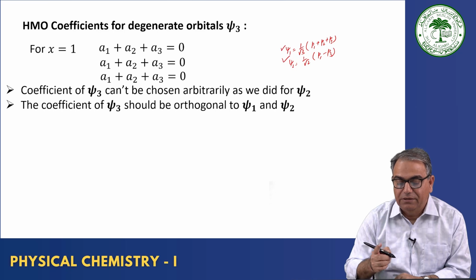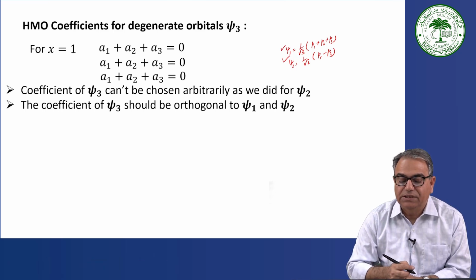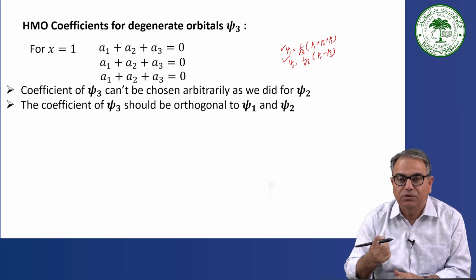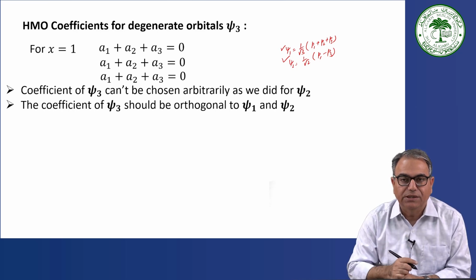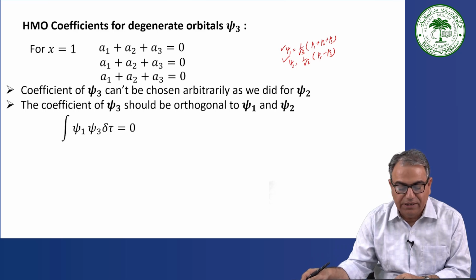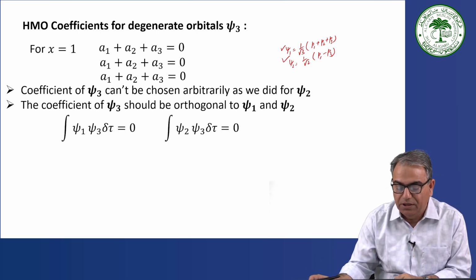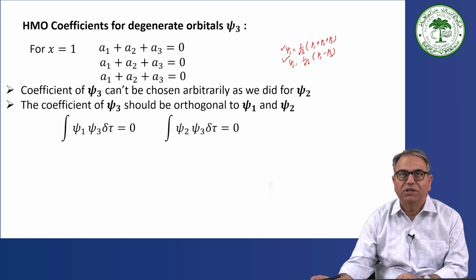Your coefficients should be such that the psi 3 you obtain is orthogonal to psi 1 and also orthogonal to psi 2. That is the condition. It means the integral of psi 1 psi 3 dτ should be equal to 0, and psi 2 psi 3 dτ should also be equal to 0. The orthogonality condition must be fulfilled.